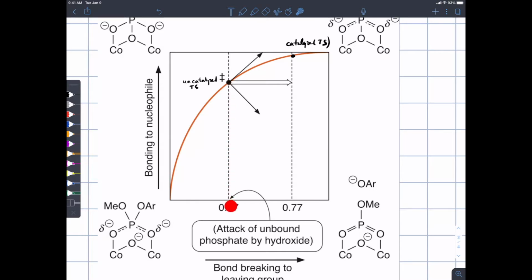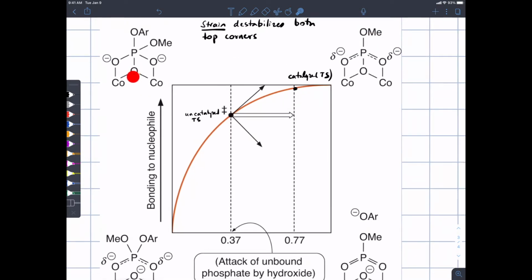And there, leaving group is 37% gone, and nucleophile is quite a bit bound. In contrast, for the catalyzed reaction, they observed that the leaving group is 77% gone, and the oxygen phosphorus bond formation is almost 100% complete. How do they explain that?